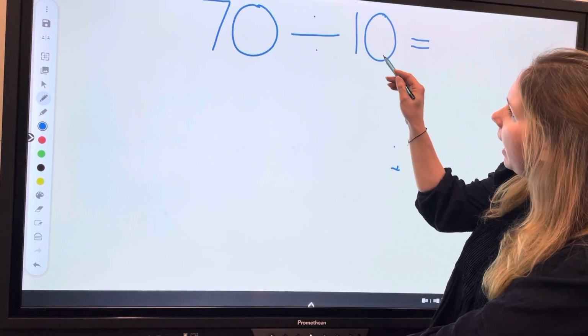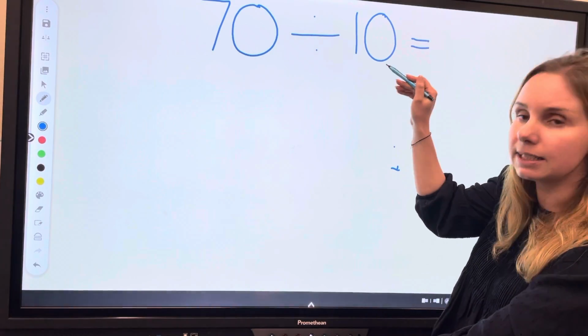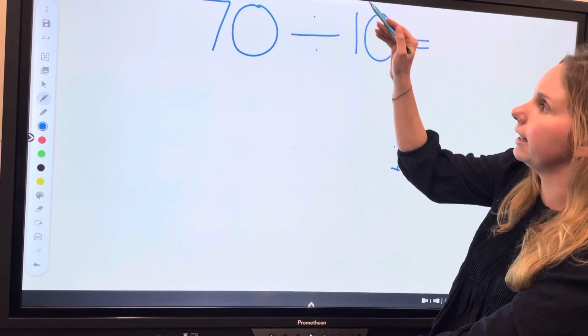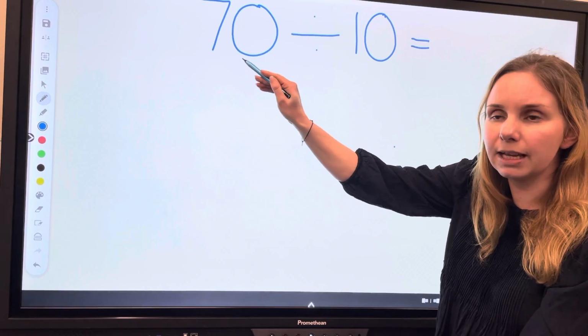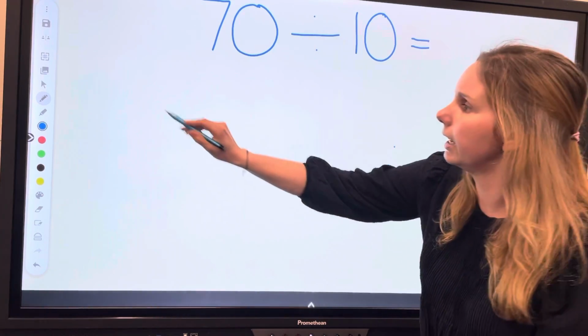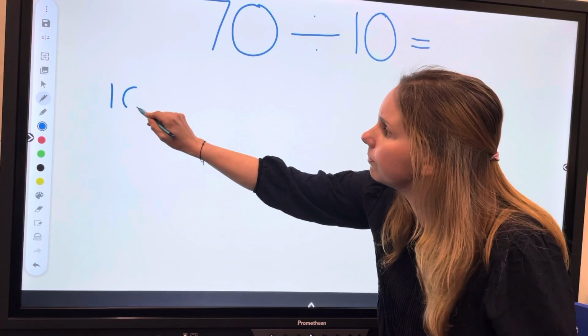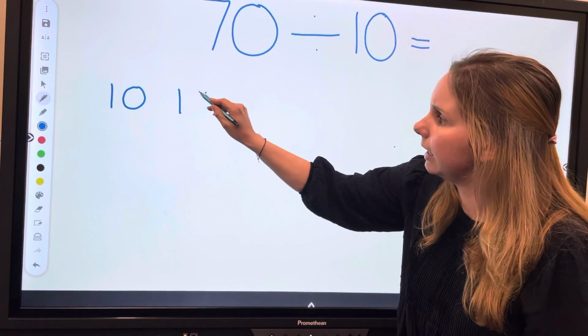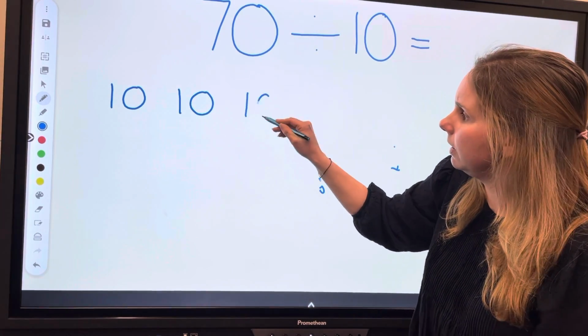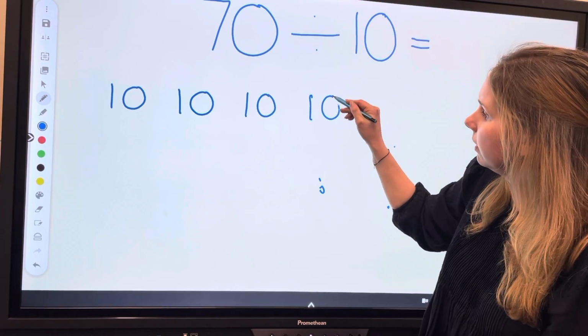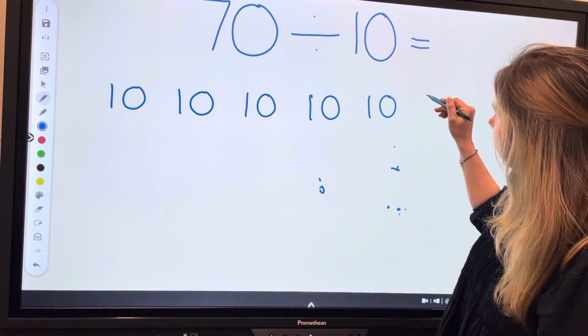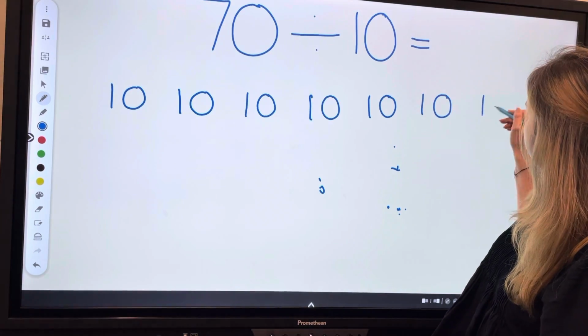Let's have a look. I know then that I can count in tens. I'm going to count in tens until I get to 70. Let's count in tens then. 10, 20, 30, 40, 50, 60, 70.